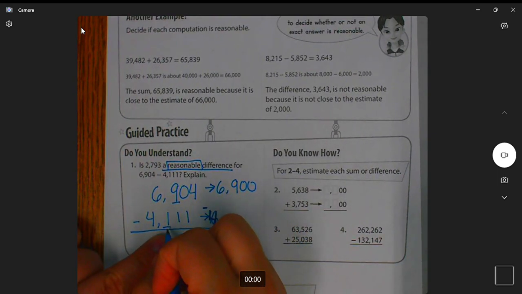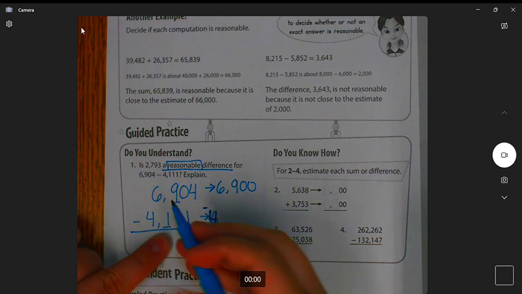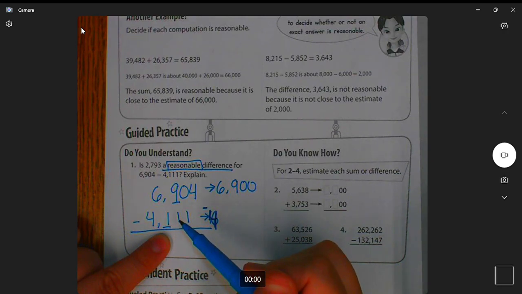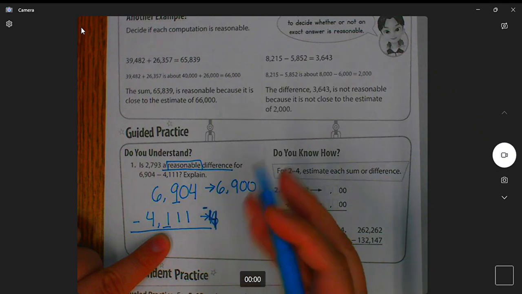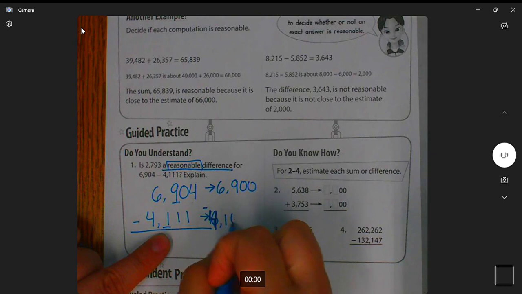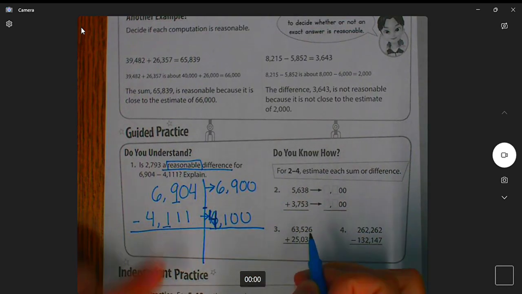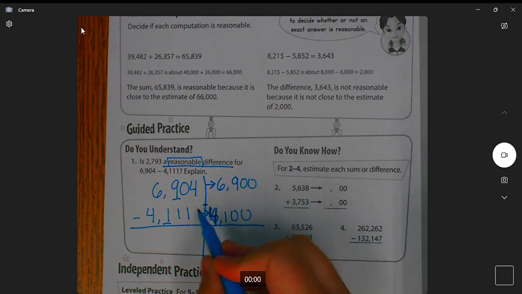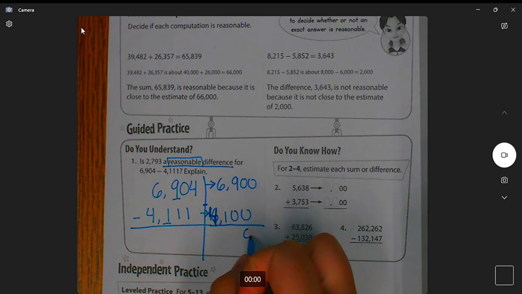Find the number, look next door. 5 or higher, add 1 more. 4 or less, let it rest. This 1 becomes what? Yeah, it's going to be a 1. It's not going to move. Now, I'm going to subtract my differences from estimating. 0 take away 0 is 0. 0 take away 0?